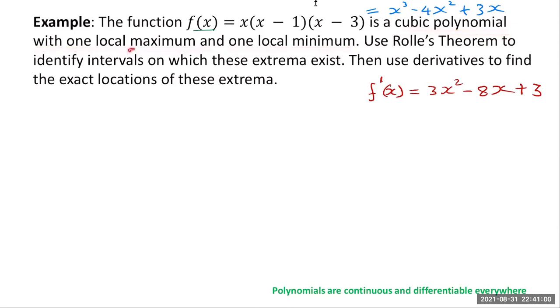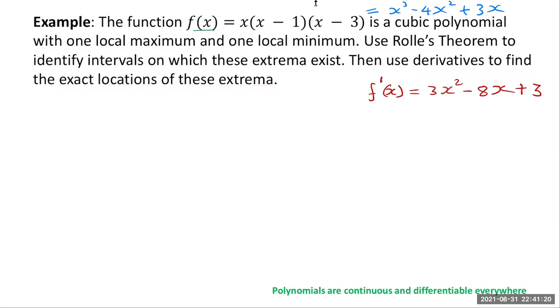We are given that. Use Rolle's theorem to identify intervals on which these extrema exist. Then use derivatives to find the exact locations of these extrema.